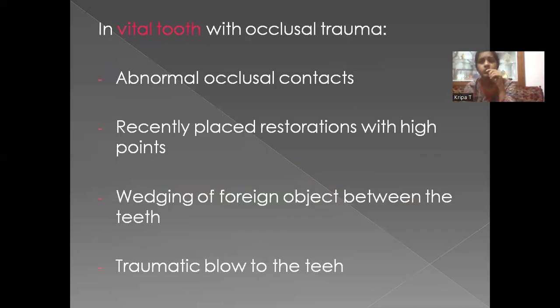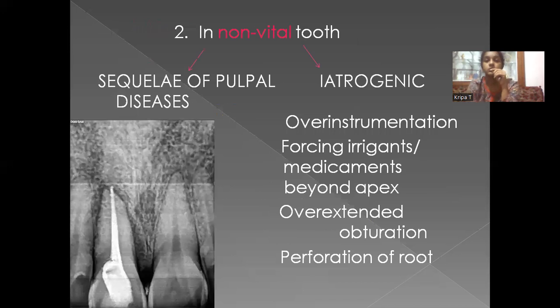So how does this occur in a vital tooth? It is mainly due to occlusal trauma: an abnormal occlusal contact or recently placed high point restorations, wedging a foreign object between teeth, like biting a stone, or a traumatic blow to the teeth. All this can create an apical periodontitis in a vital tooth.